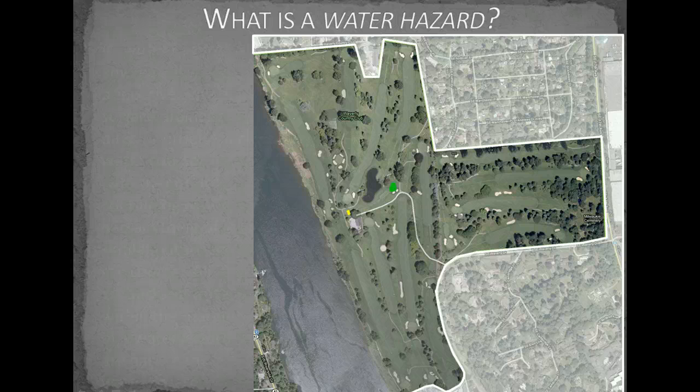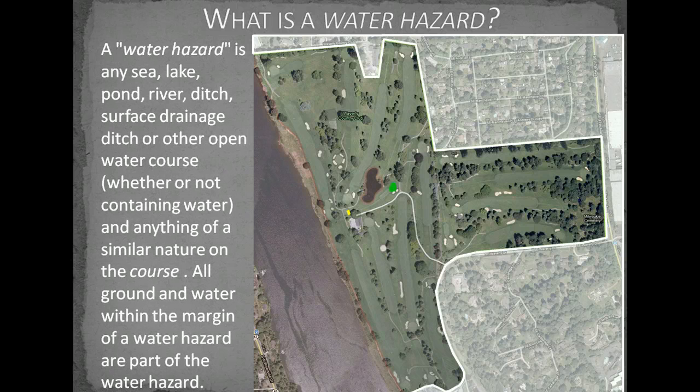What about water hazards? Waverly just has 2 water hazards. They're both red marked, which means they're a special type of water hazard, a lateral water hazard. We have the river, and then we have this other larger area, the pond. Water hazards are anything that has open water, whether or not they even have water.